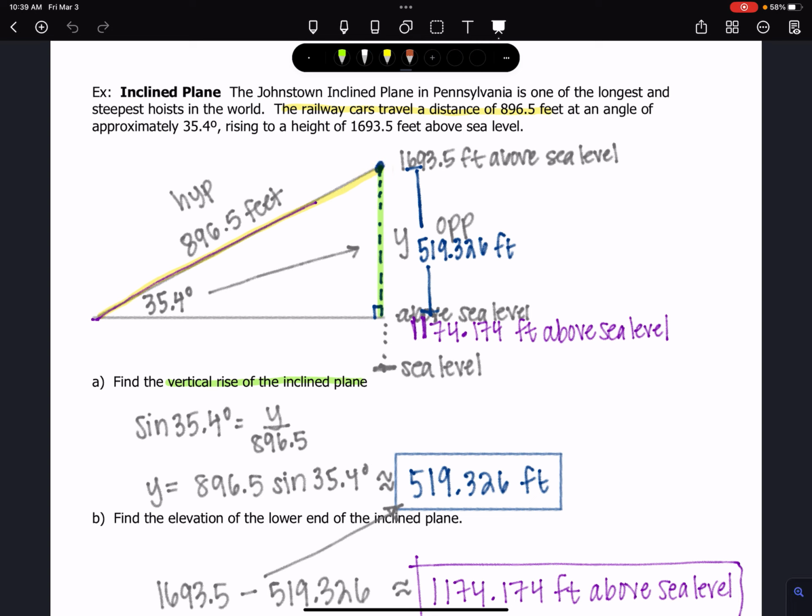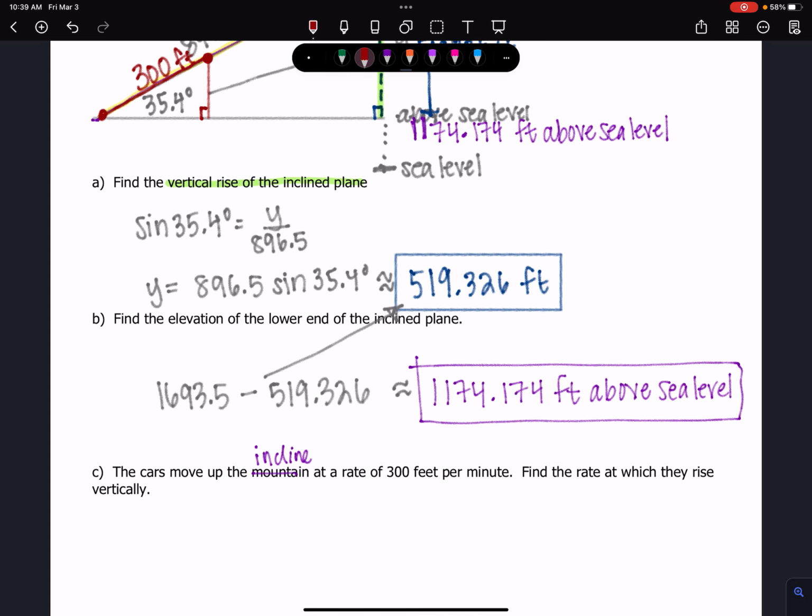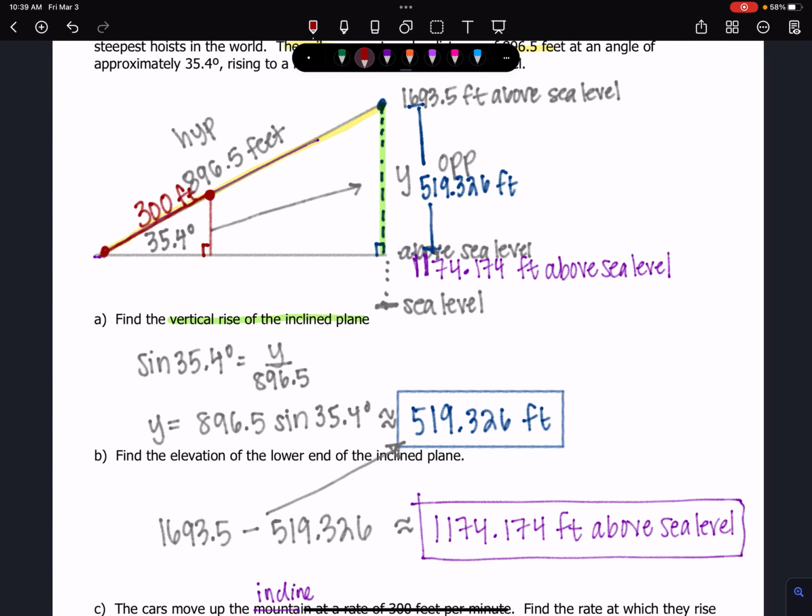So I'm going to try and draw something here that you can relate to. It's red. So I'm going to say that this is 300. They're traveling 300 feet in 1 minute. What is their vertical rise per minute?